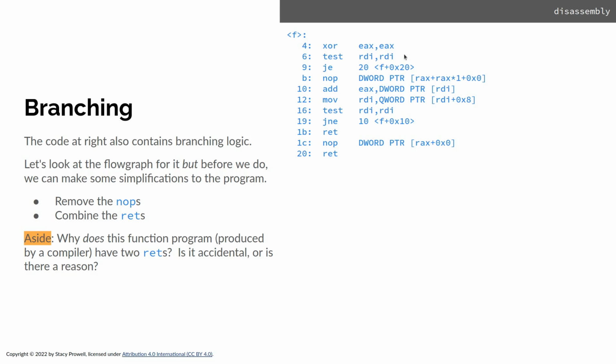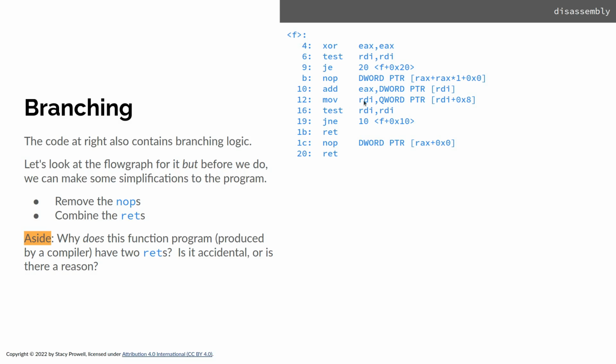If RDI is null, or whatever the address passed in, right? RDI is the first argument to the program. If that's null, I return 0. If it's not null, I come in here and I get the int that RDI points to, and I add it to EAX. Okay, I'm seeing what's happening here. So i gets i plus pointer, what do you want to call this variable?